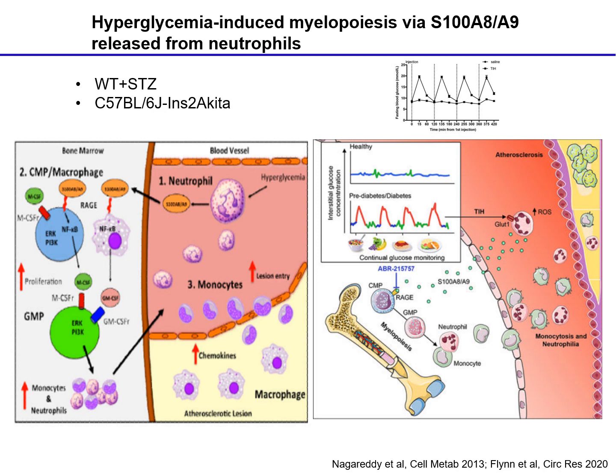In type 1 diabetic animal studies and transient glycemia studies, authors have shown that hyperglycemia acts through neutrophils to release S100A8 and A9, which act on GMP cells to promote GMP proliferation and myelopoiesis, resulting in inflammatory myeloid cell production and atherosclerotic lesion progression.